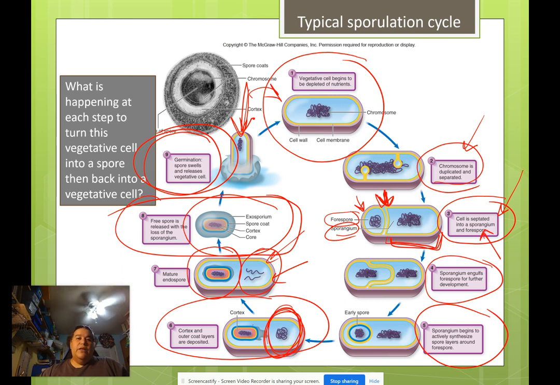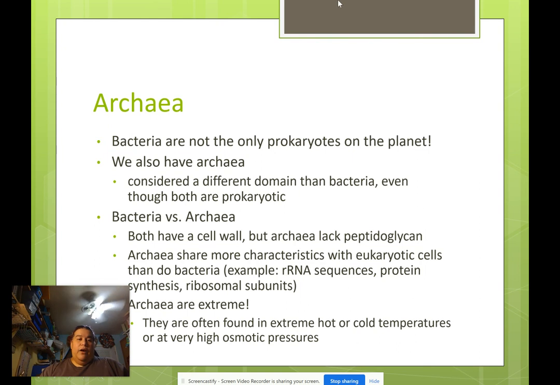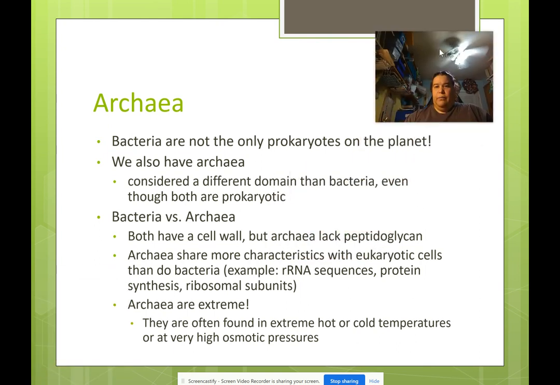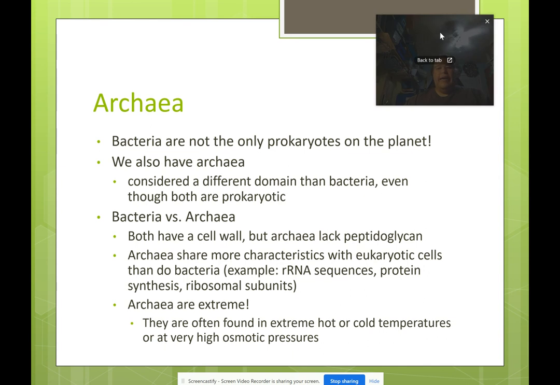All right. So that's the typical sporulation cycle. Now, Archaea. We kind of already touched on Archaea a few times now, saying that they are a prokaryotic cell, but they live in very extreme environments.